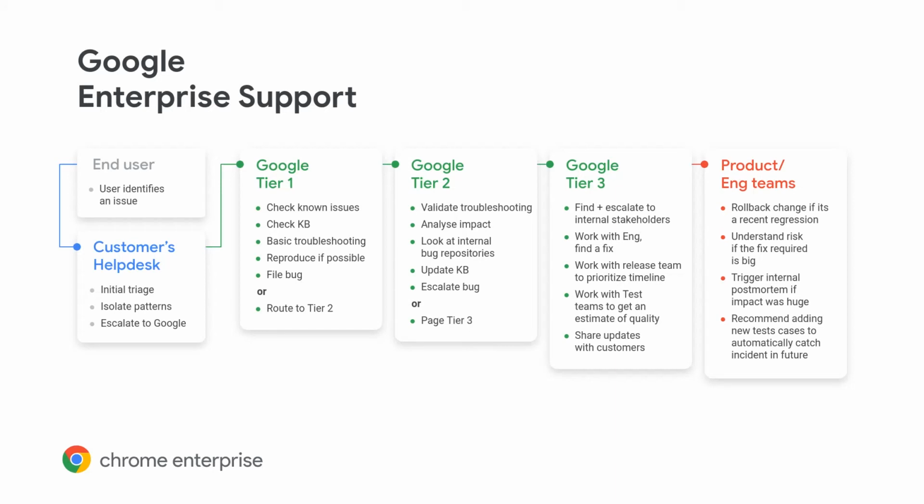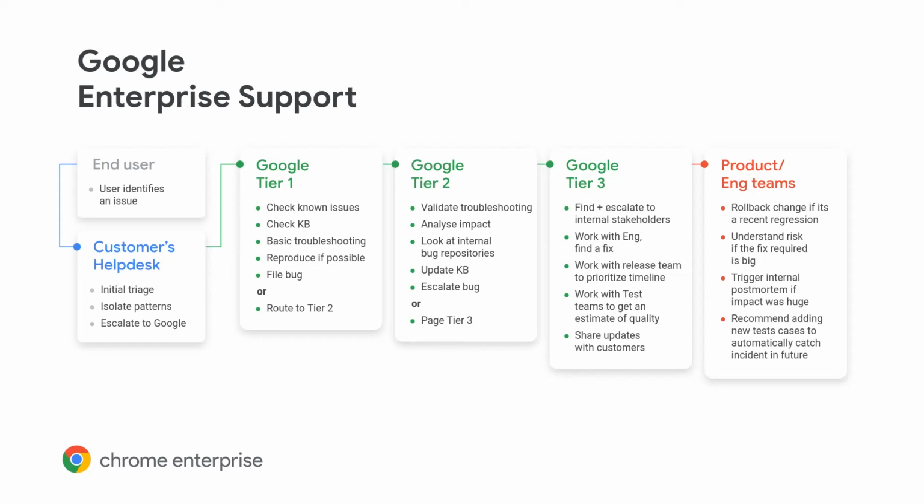So this is the flow that initiates once a ticket is raised from the end user or from the partner on the customer's behalf. As you can see here, the end user in this case identifies an issue, which then in turn goes to the customer's help desk or to the partner, where the initial triage is performed and where they try to isolate patterns.